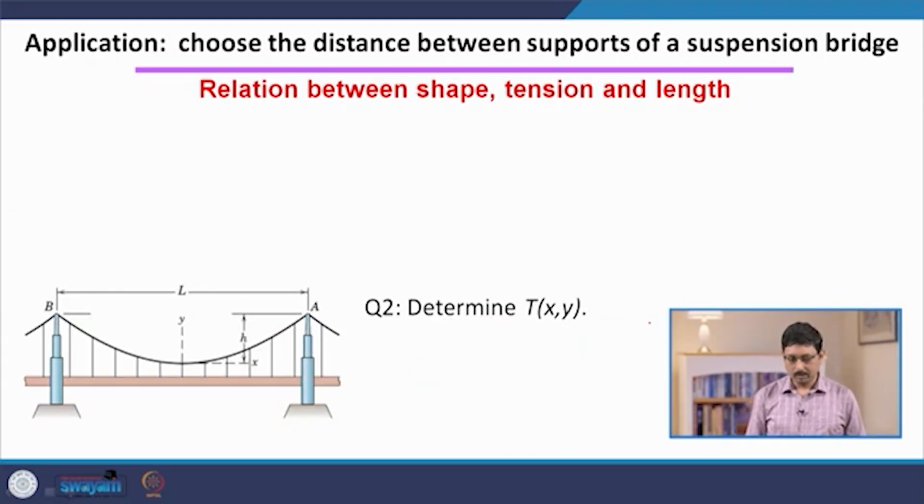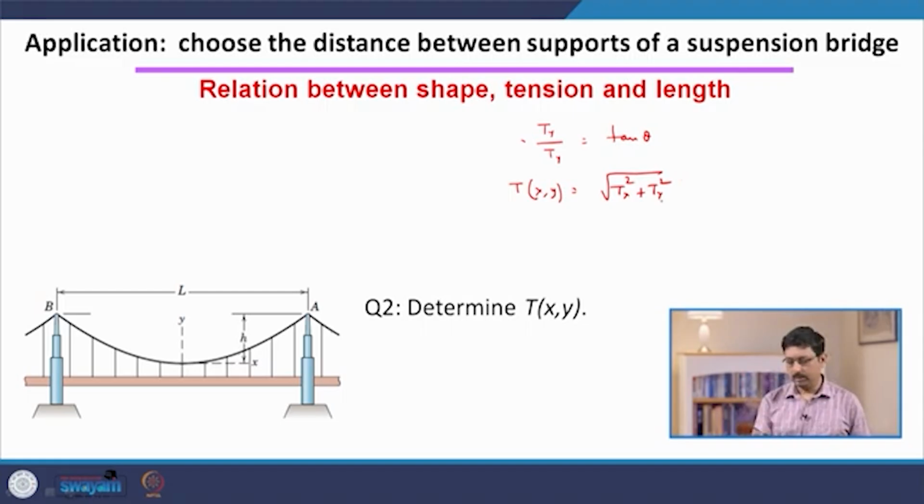Now, I will quickly go through the other case. So, again it is basically a similar exercise. So, Ty, the vertical component, by Tx was your tan theta. Now, if we want to know the magnitude of tension at each point, this will be given by, remember, our vector rule.